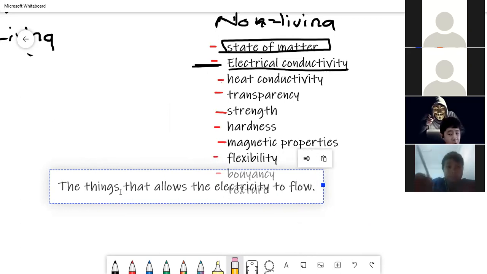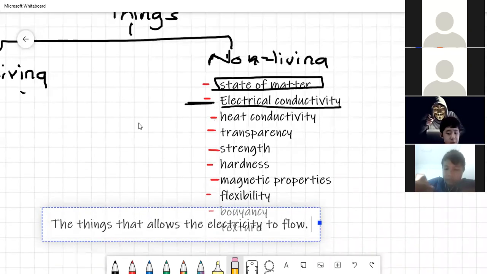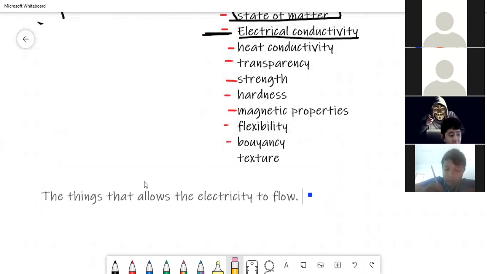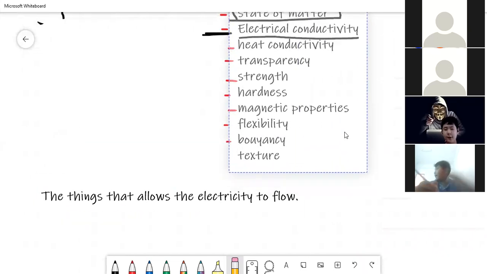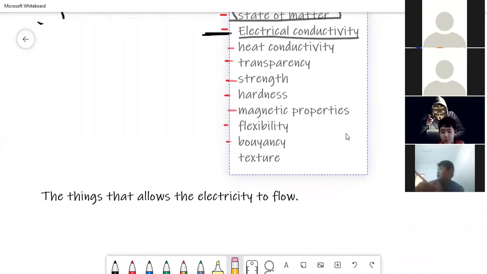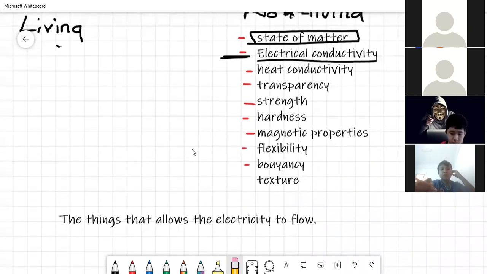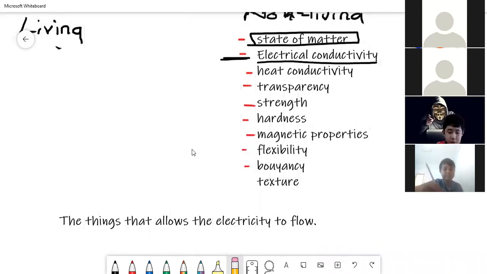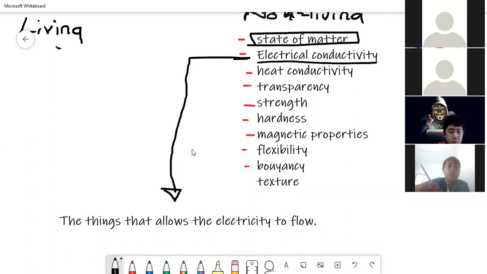Okay, the things or the non-living things that allow the electricity to flow. Things that allow the electricity to flow.